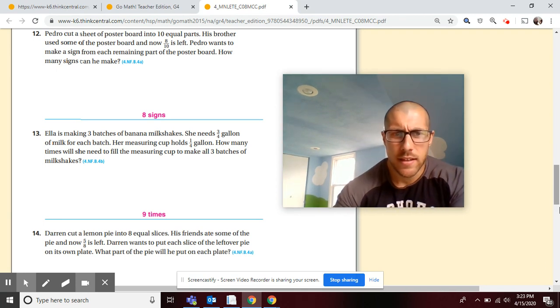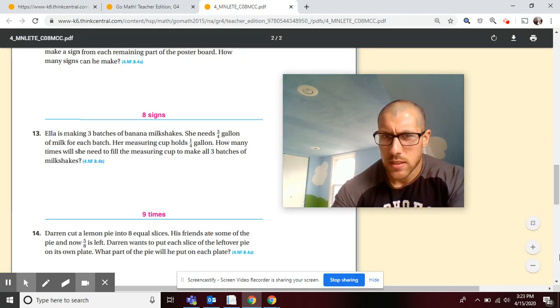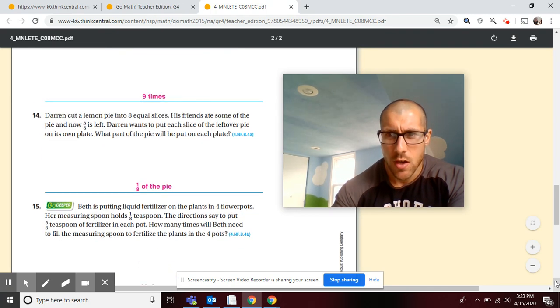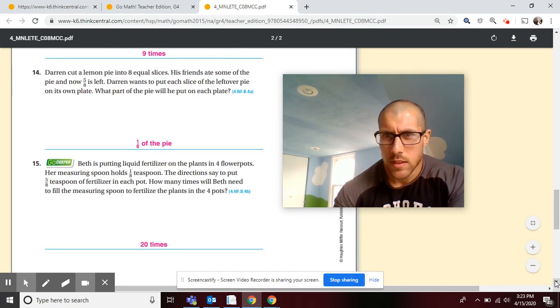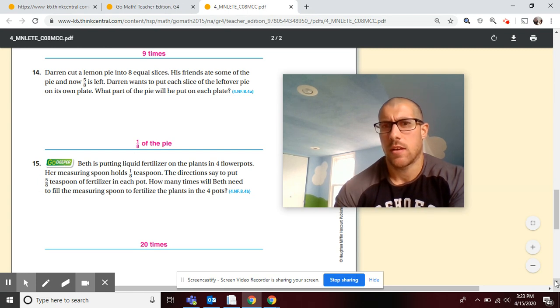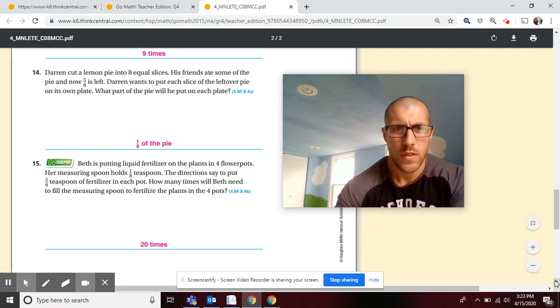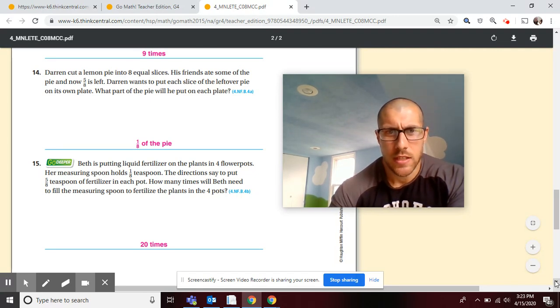Next, Darren cut a lemon pie into equal slices. His friends ate some of the pie. Now 5/8 is left. Oh, doesn't matter how much is left. They're 1/8 size pieces. So what part of the pie will be on the plate? 1/8. And finally, number 15, she has 4 flower pots.